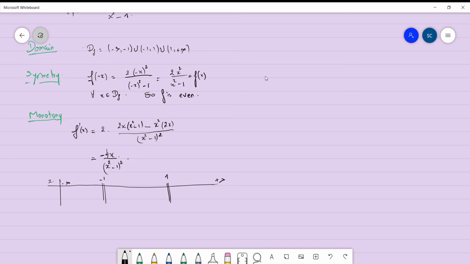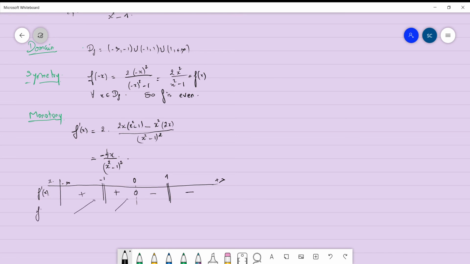For x positive, -4x will be negative. So 0 is the only critical point. The denominator is positive, so f prime equals 0 here. When x is positive, -4x is negative, so my function is decreasing, and on the other side it is increasing.